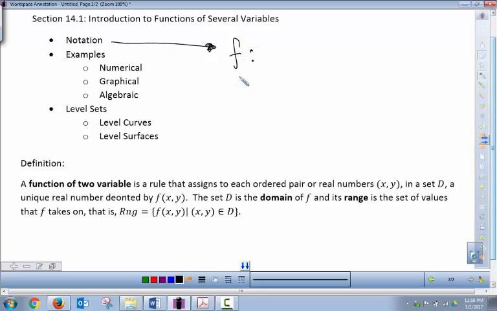The colon says, okay, we're going to be ready to describe the domain and the range. So the domain is going to be a set of ordered pairs of real numbers. And we use this double-bar R for representing the set of real numbers. And then the 2 over here says that you're looking at a pair of numbers.